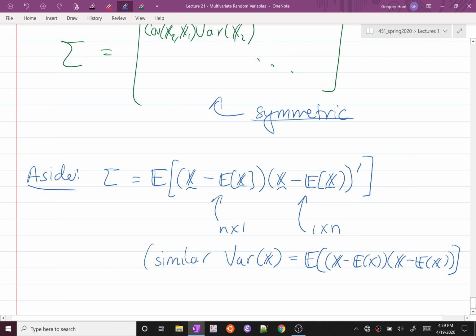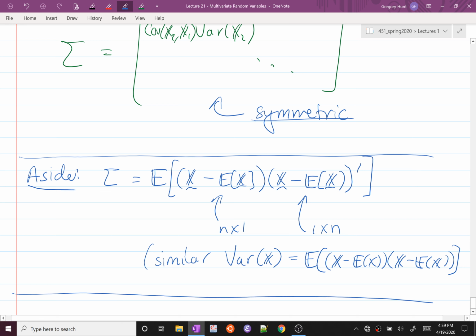Now we're working with vectors instead of just numbers, so we need a transpose in there. This shows that the covariance matrix is a direct generalization of variance. The covariance matrix plays the role of variance in the univariate case.